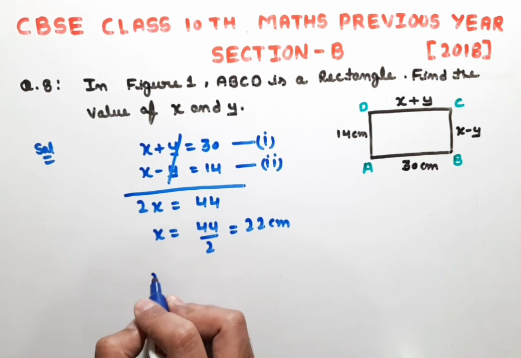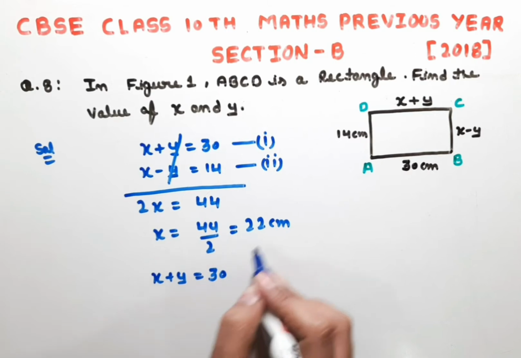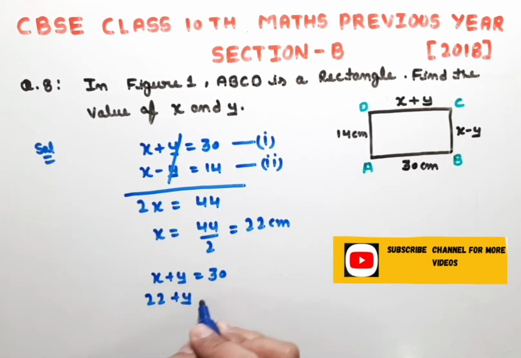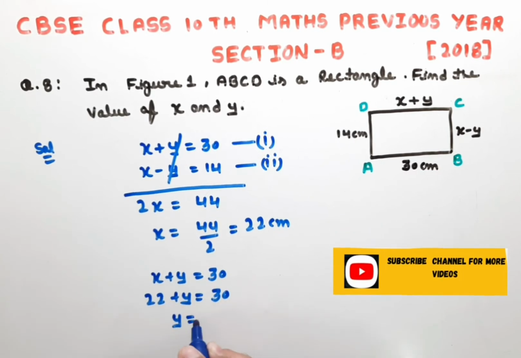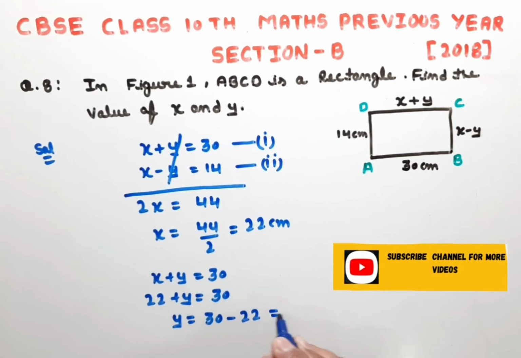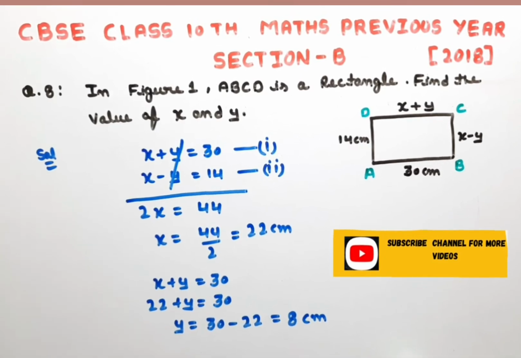Equation first is x plus y equals 30. Putting the value here, 22 plus y equals 30. So y will be equal to 30 minus 22, that is 8 centimeter.